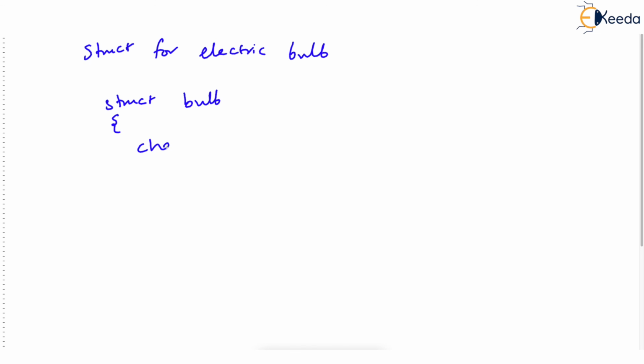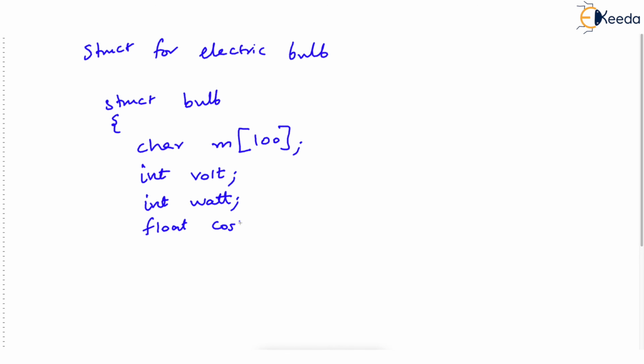Now you may then say this bulb has manufacturer name, like 100 character manufacturer name, maybe Philips or Crompton Greaves or whatever. Then it will have voltage rating, let's call it as volt. And voltage rating will be 230 or something, so it will be int. Then let's declare wattage rating or power rating, which will also be int, and let's declare cost of bulb.